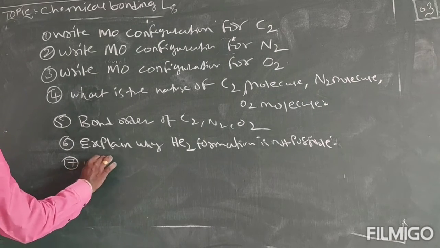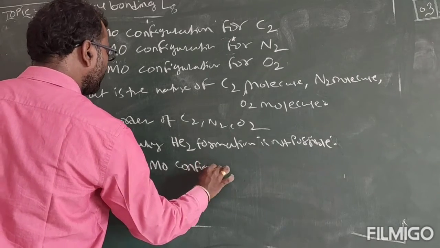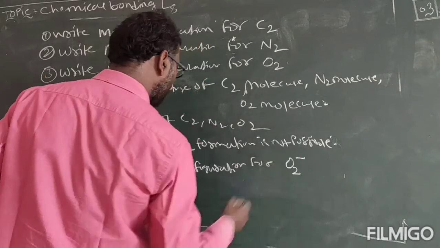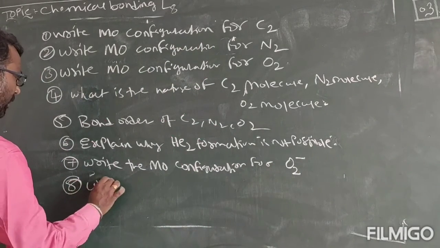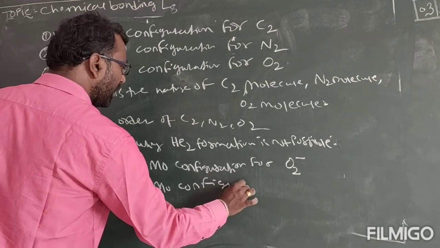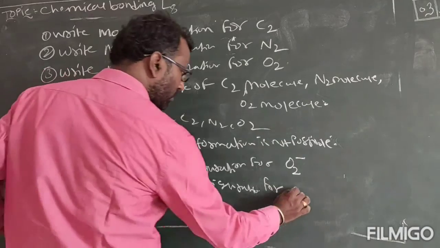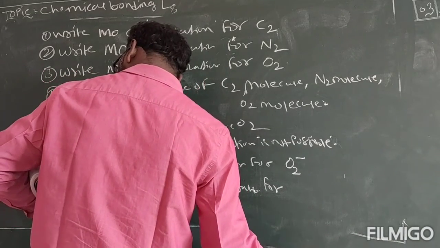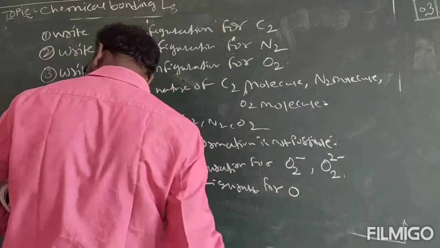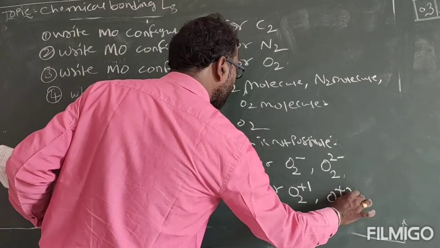Okay. Write the MO configuration for O2 minus. Write the MO configuration for O2 2 minus also, and here we will take O2 plus 1 and O2 2 plus.